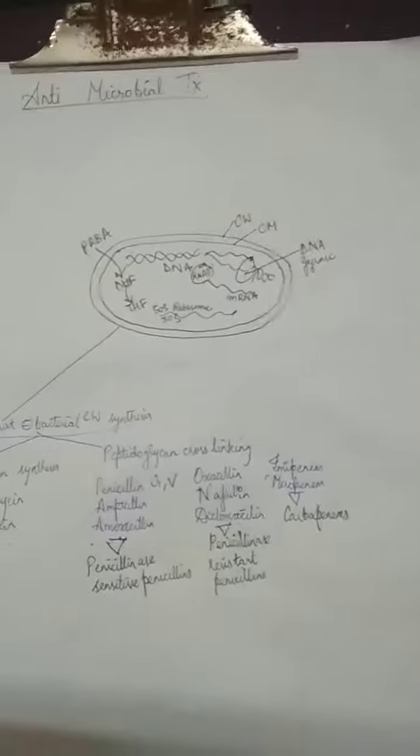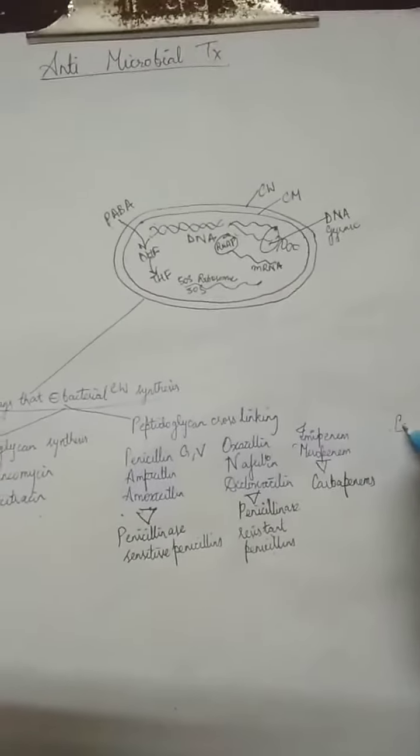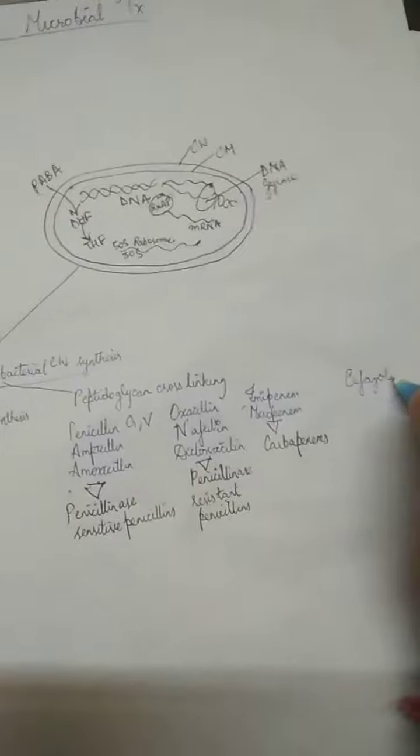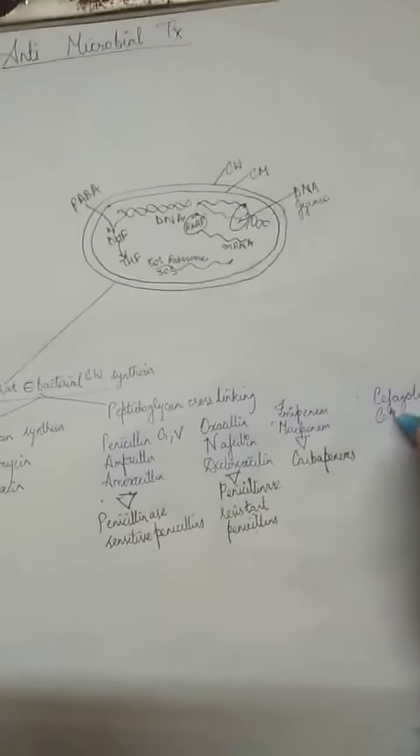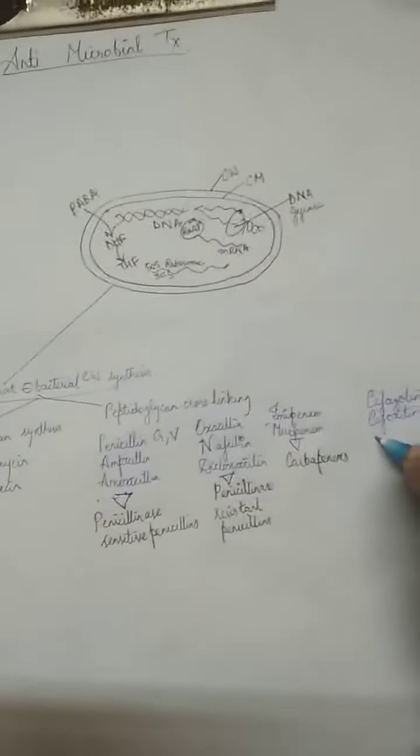So another group is the cephalosporins, which include, now cephalosporins are of many generations. The first generation is cefazolin. Second generation is cefoxitin. Third generation is ceftriaxone.